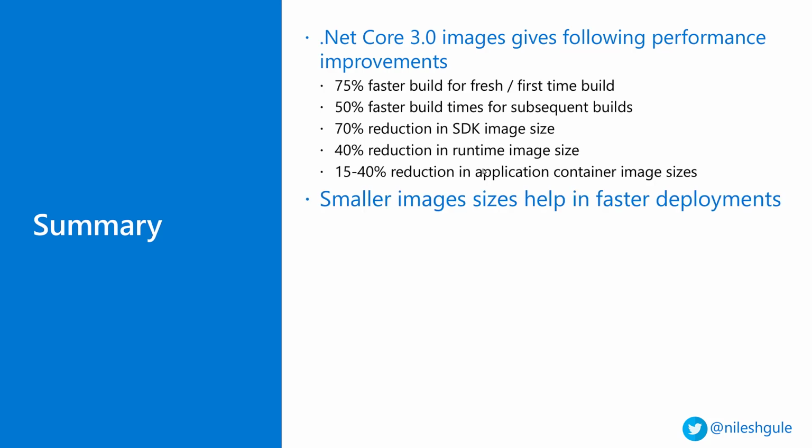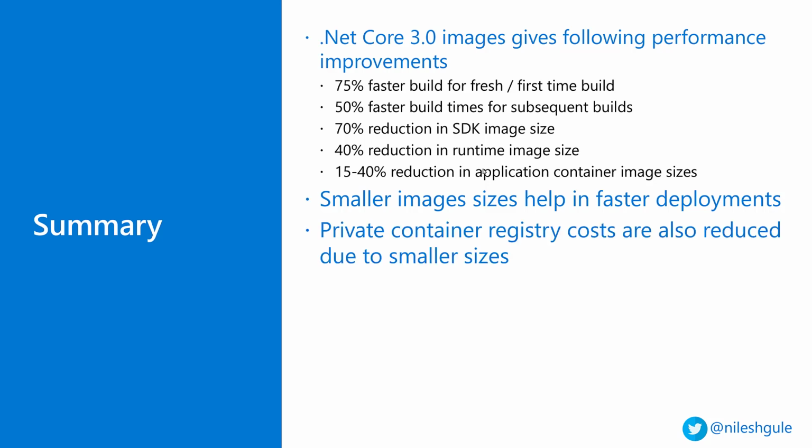So when we have smaller image sizes, it helps in faster deployment, because of the amount of time it takes to upload those images to Docker Hub or a private container registry. In this case, I was using Azure Container Registry. That would be faster because we are using a smaller image, and the time it takes to upload it is reduced.